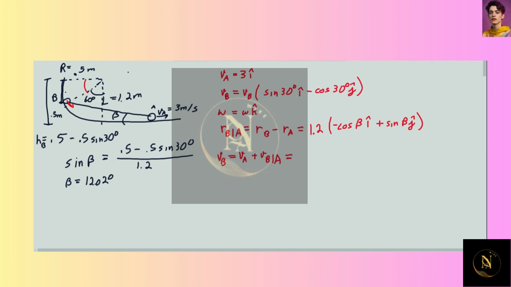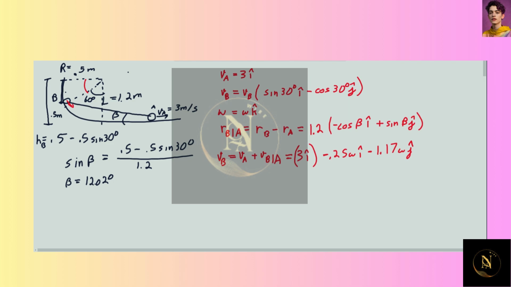The right side will have in the i-hat portion a 3 i-hat from VA and from VB about A, which we get from omega cross R, we get a minus 0.25 omega i-hat and a minus 1.17 omega j-hat.